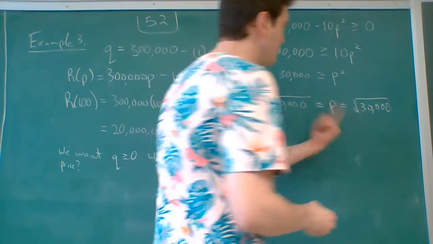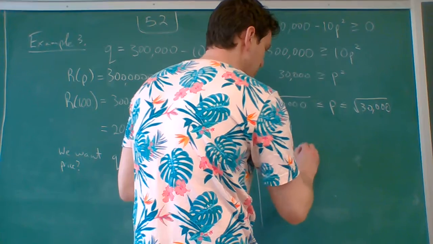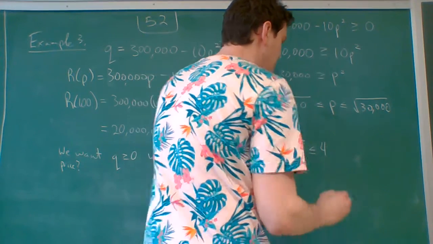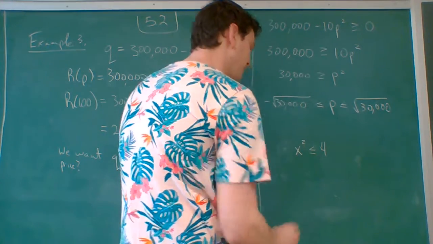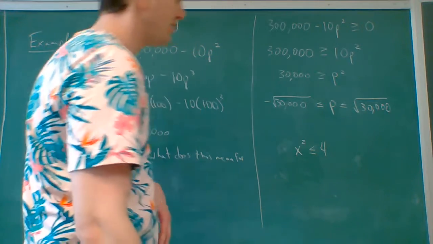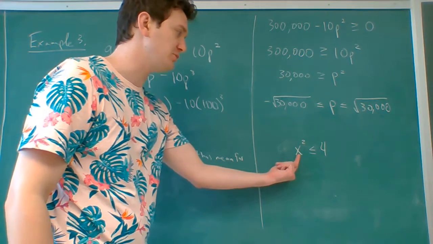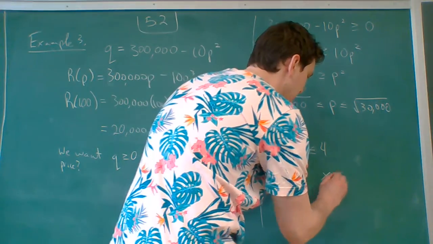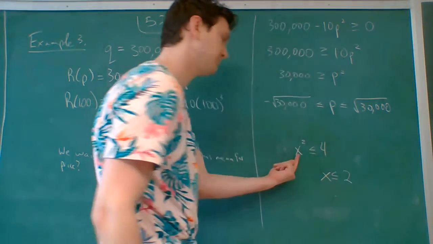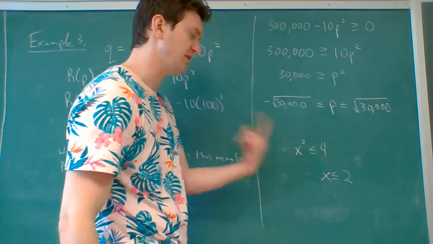To see what's going on here, think about this for a minute. If x squared is less than or equal to 4, that means I can't plug in anything bigger than 2. Say if I plugged in 3, then this would be false.